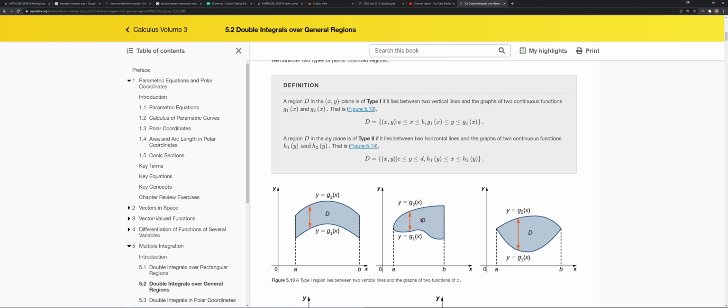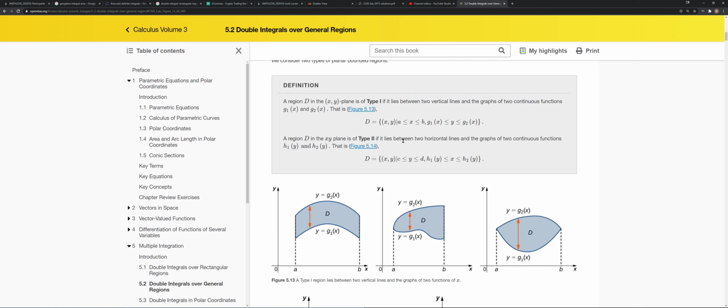A next example of type 1 is this one over here. Notice again, the x values lie between two vertical lines, x equals a and x equals b. And your points lie between the curves y equals g1 of x and y equals g2 of x.